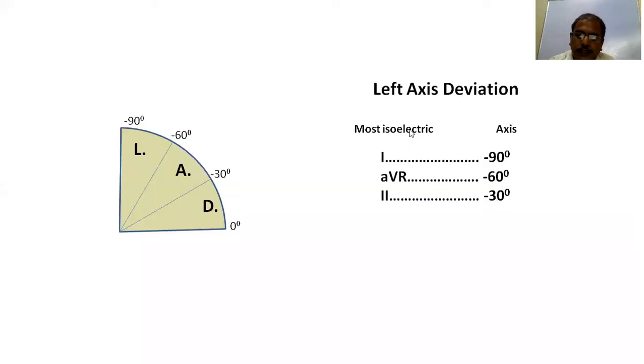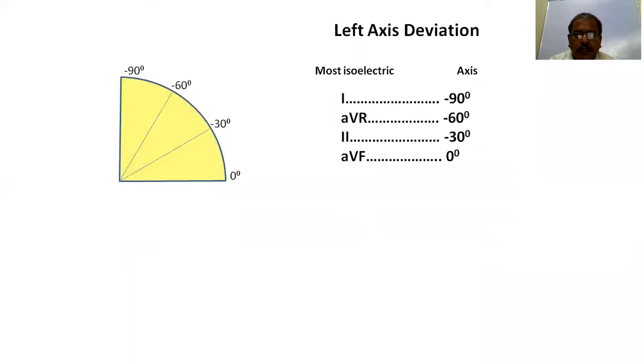If you find an isoelectric complex in lead 2, then you will find minus 30 as the axis. And if it is aVF, then the axis is 0 degree.